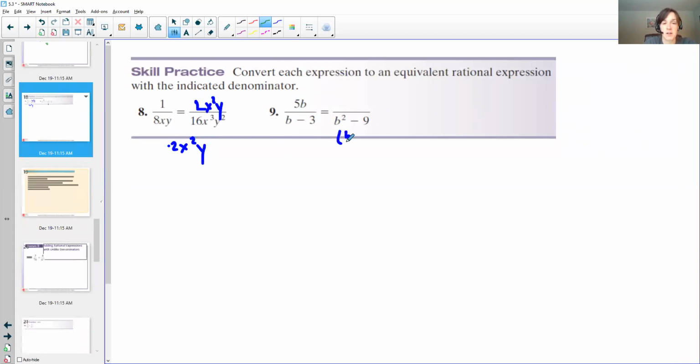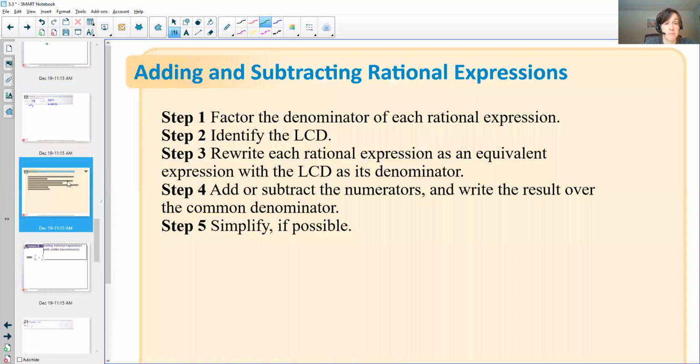So it's just b minus 3 when I factor it, b plus 3. So what's missing? I have a b minus 3 already. I need the b plus 3. So what I'm going to have up here is 5b times b plus 3. That's it. Okay.